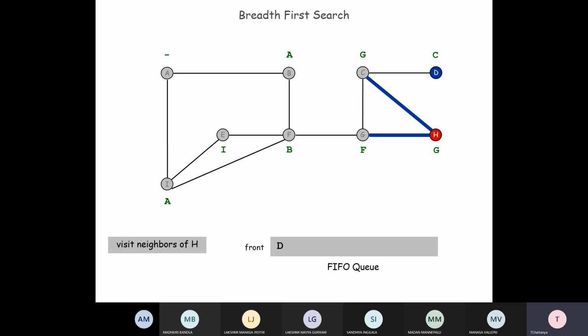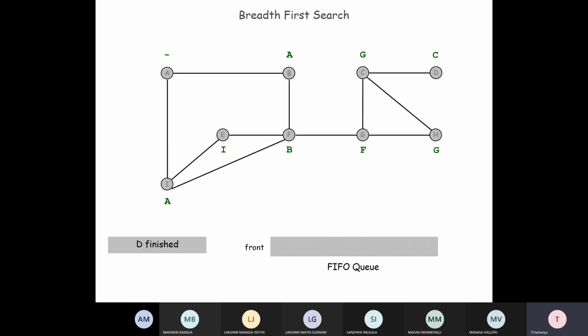Next vertex is H. For H, what are the neighbors? F is one neighbor, C is another neighbor. So H is finished; we have only two paths for getting neighbor nodes from H. In that sequence the next vertex is finally D. From D, can we recognize any front end nodes?